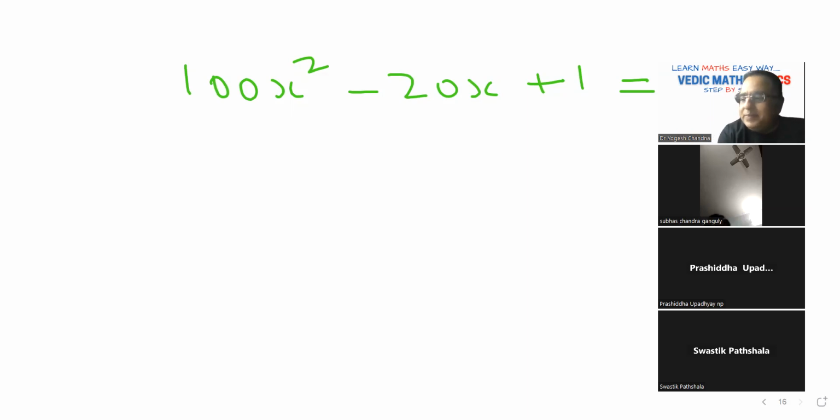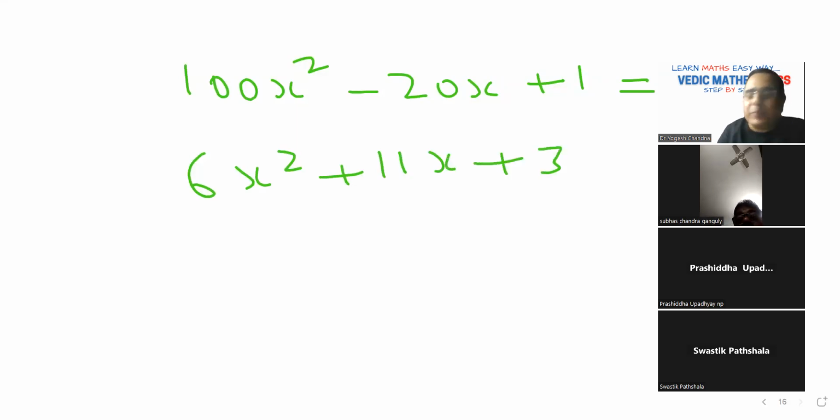One more. Let's say 6x square plus 11x plus 3. See, I'll tell you, the factorization method is one of the easiest and the fastest ways.